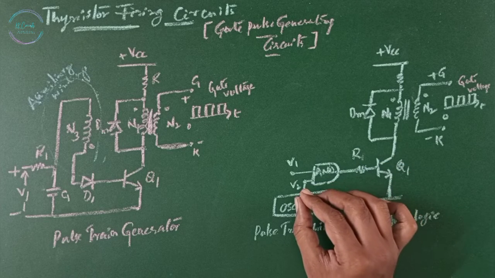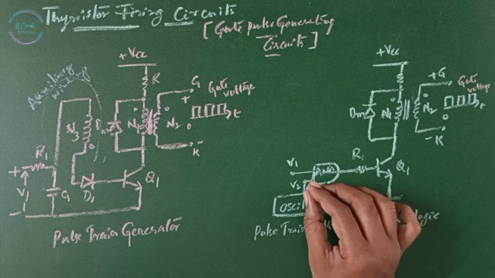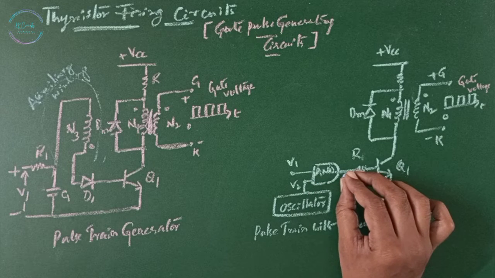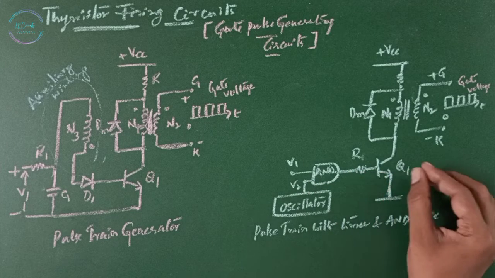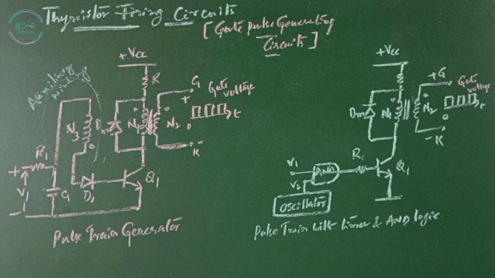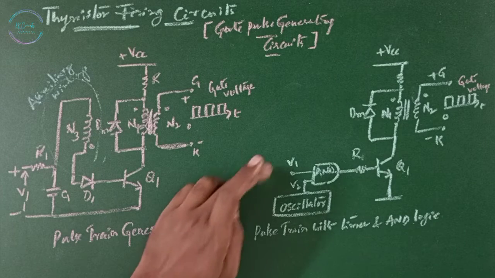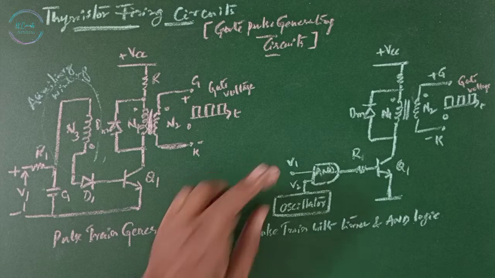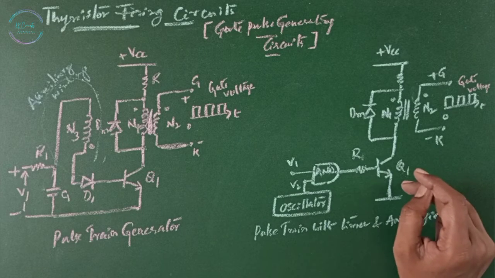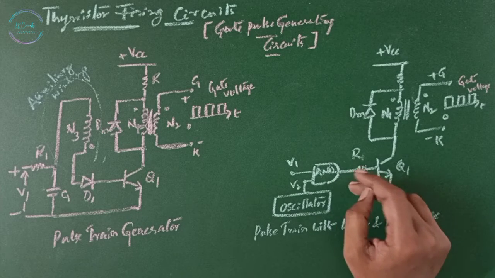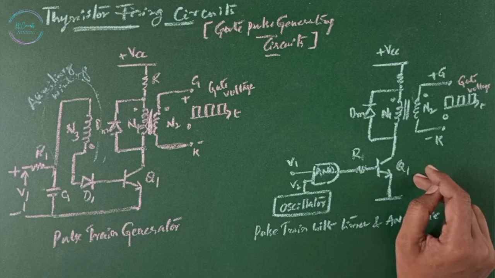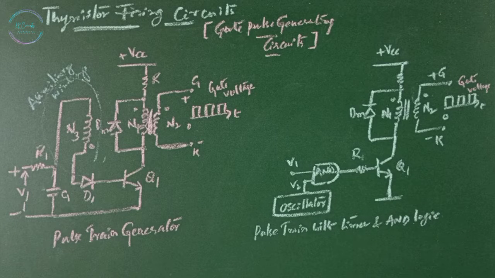When this oscillator or timer voltage is 0, the output of the AND gate is also 0 and that is going to turn off Q1. This process repeats depending on the timer and the voltage. When these two signals are present, the output of the AND gate is present and that is going to turn on Q1. That is how the gate voltage or gate pulse is generated in this circuit.